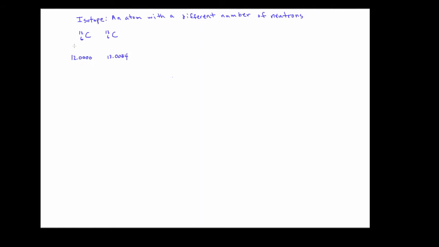The fractional abundance of the C12 is 98.93%, and the fractional abundance of the C13 is 1.07%. All right, now what does this mean?